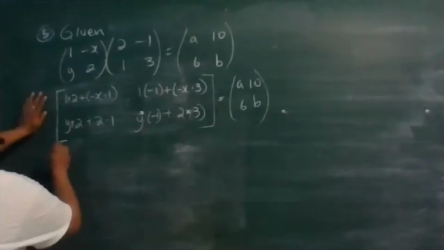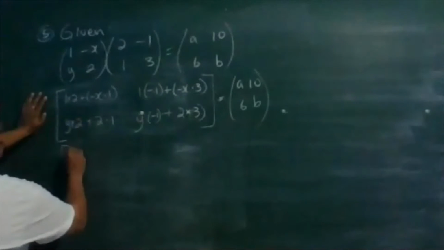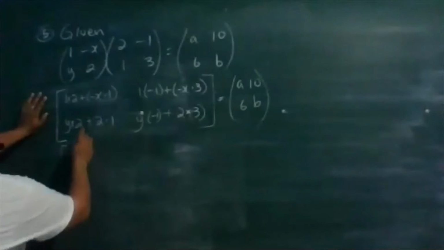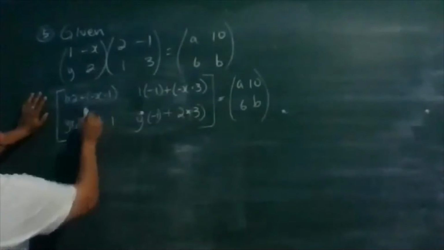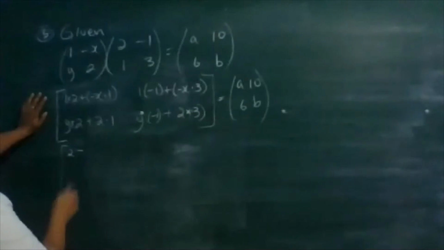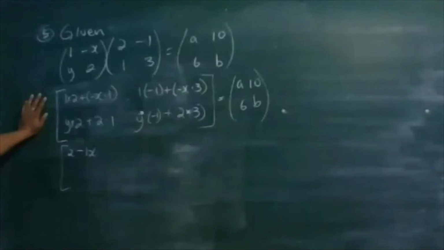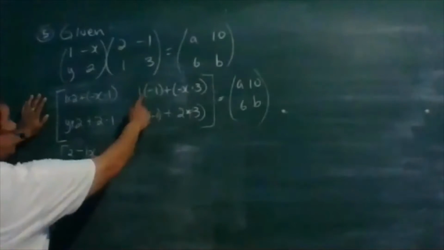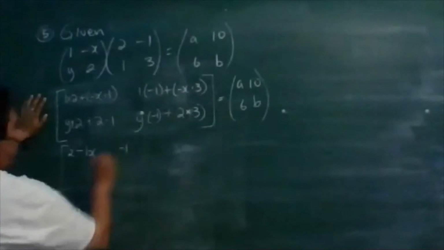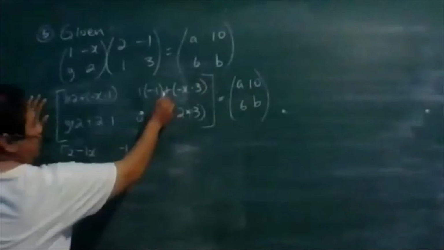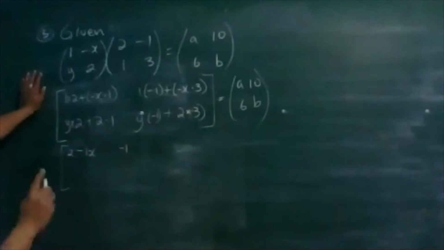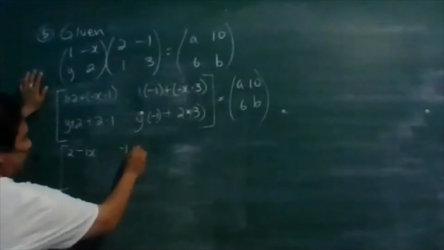1 times 2 is 2. A negative times a positive is a negative. X times 1 is just 1x, or you can just call it x. 1 times negative 1 is negative 1. A positive times a negative is a negative.